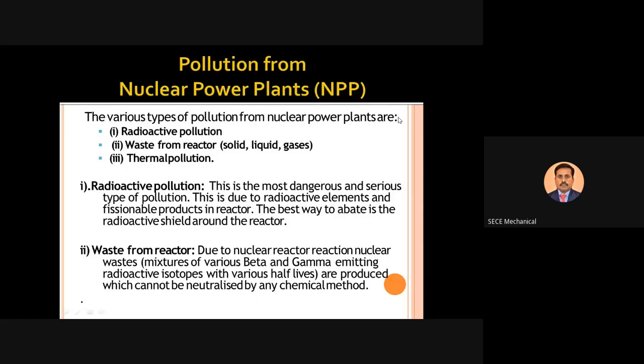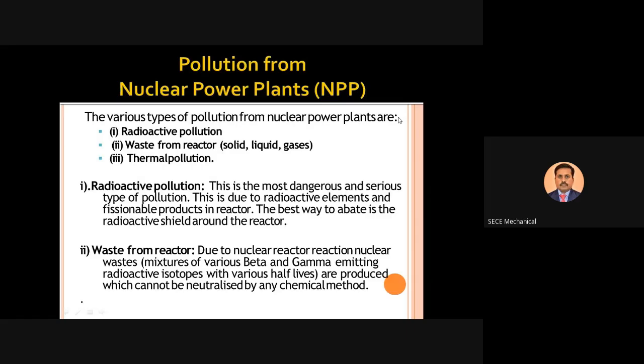Right. Second one, waste from the reactor. What are the wastes I told you about? Three types of waste: solid, liquid, and gaseous. These are all called waste from the reactor. Due to the nuclear reaction, nuclear waste is a mixture of various beta and gamma emitting radioactive isotopes with various half-lives.